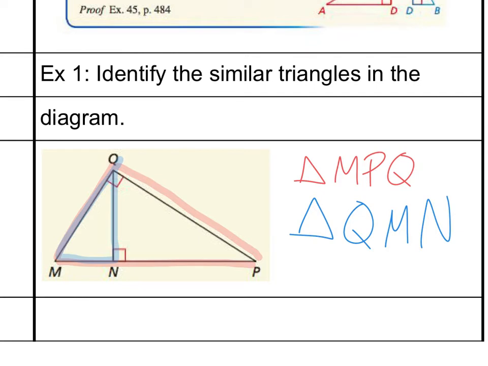And then we also have this side, NPQ. Oops, I should have done it with the highlighter, but you get the idea. Those are the three triangles, and those are all similar to each other.